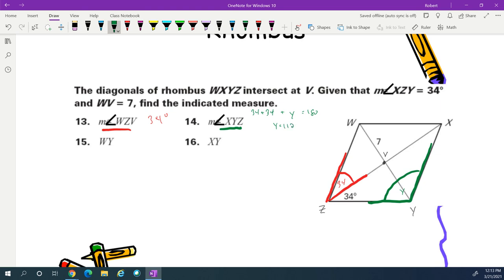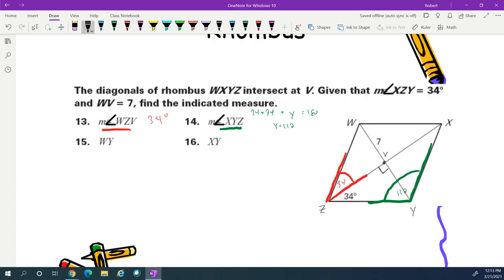The other thing we can do is work inside one triangle, get that little corner angle, and double it. So we've got a couple different approaches here. And again, we can work within that little triangle because we know that in a rhombus, the diagonals are perpendicular.